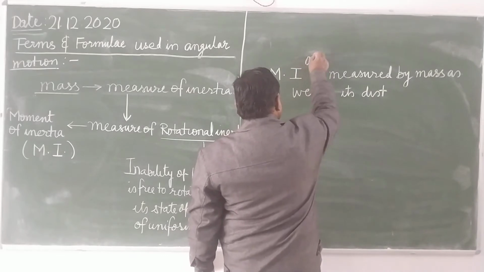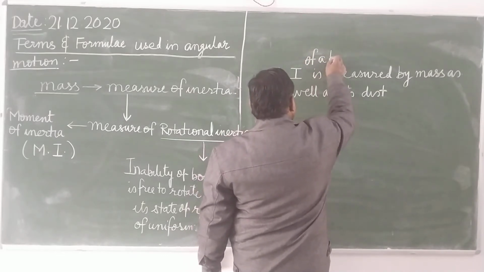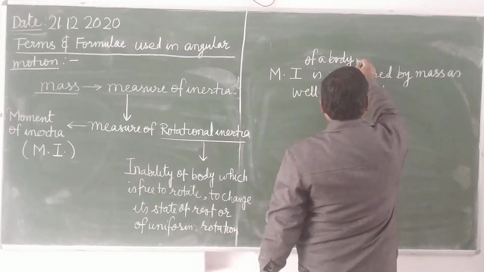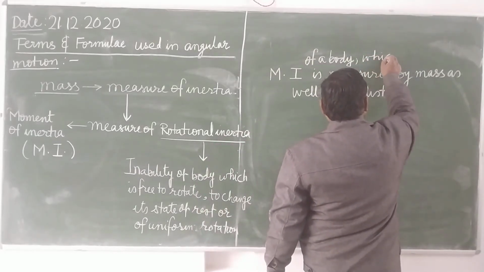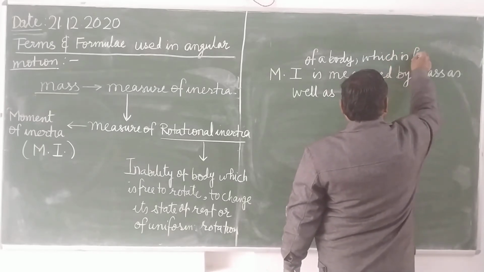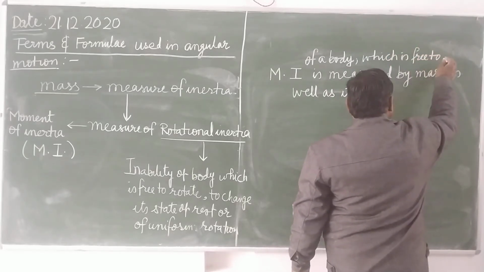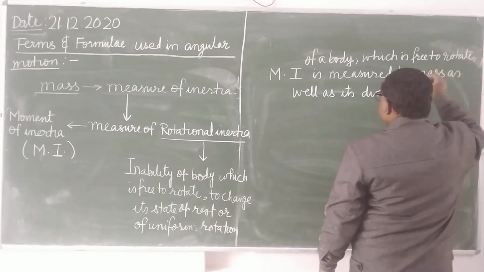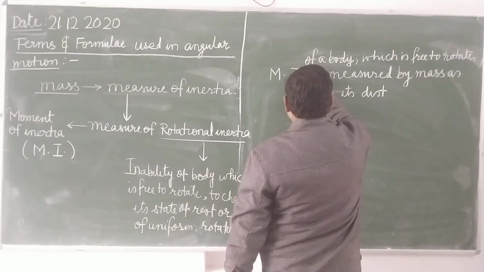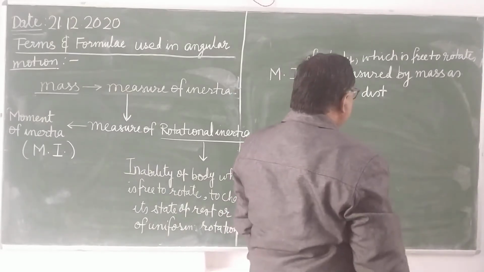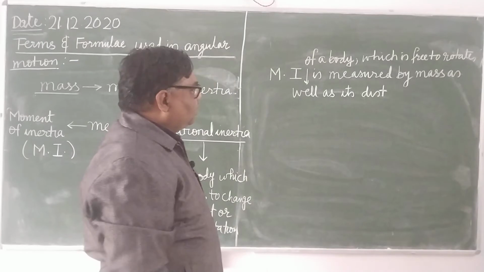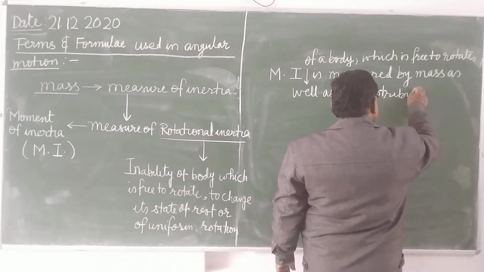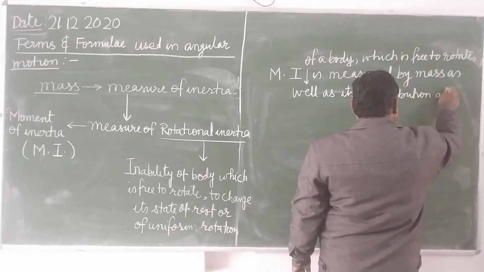MI of a body which is free to rotate about some axis is measured by mass as well as its distribution about the axis of rotation. It's clear.